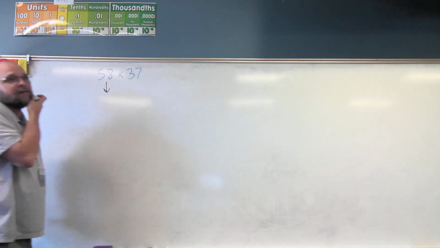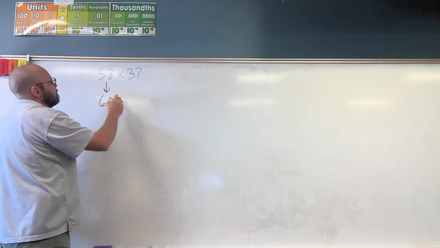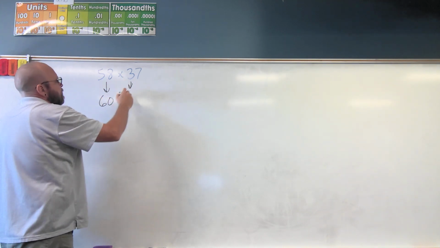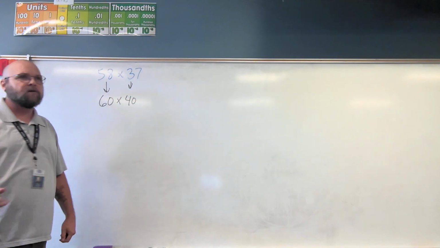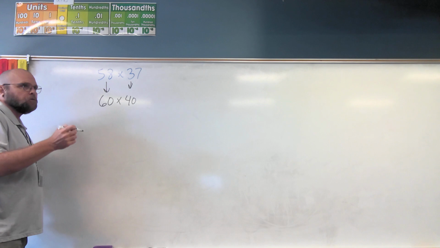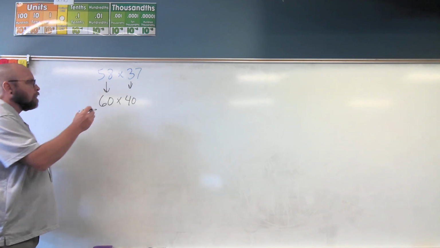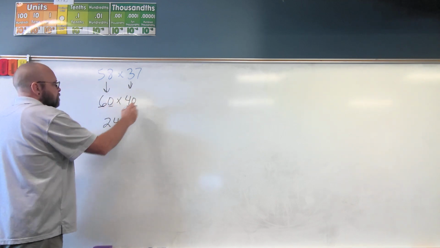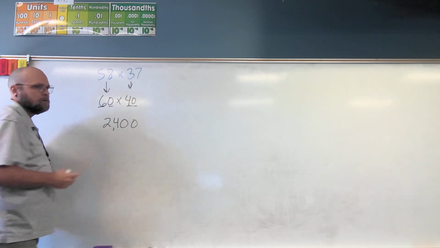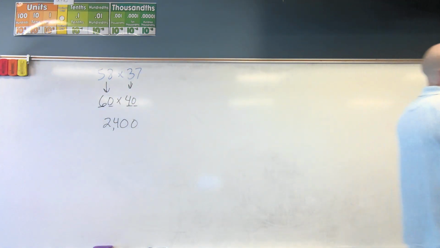Instead of 58, I'm going to multiply by 60. Instead of 37, I'm going to multiply by 40. This is my estimate. All I have to know is my 6 times my 4. Then I've got these two zeros I can add. So my estimate is 2,400. My answer needs to be somewhere near 2,400.